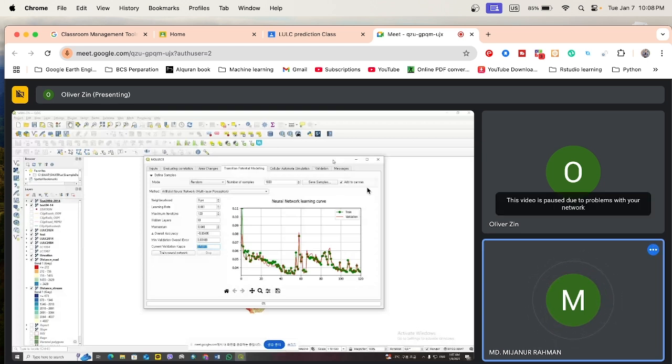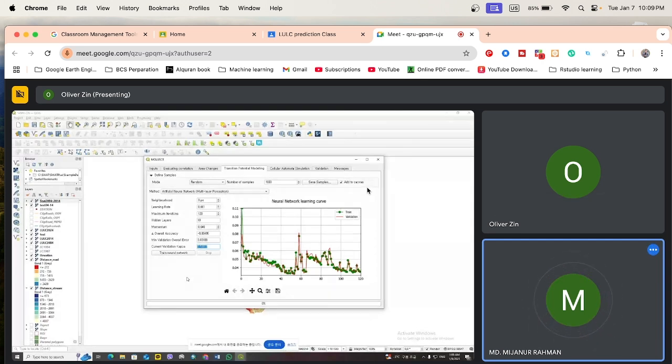When using a plugin like MOLUSCE to analyze and visualize the learning curve or model performance, the concept of learning curves remains. So basically, the learning curve represents two things: one is training, another is validation.